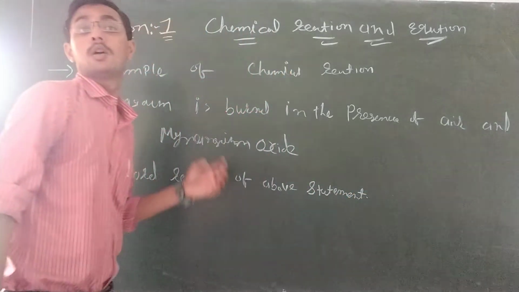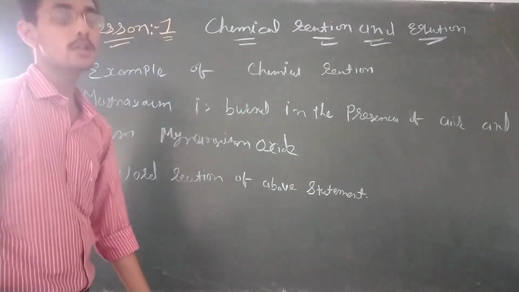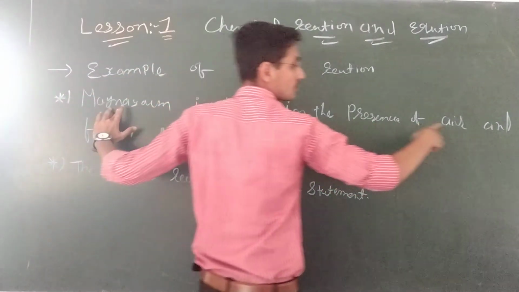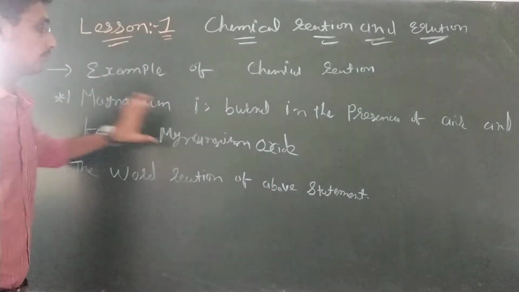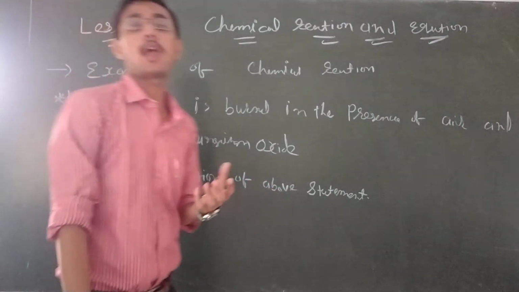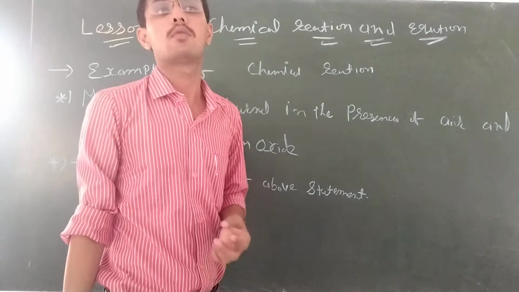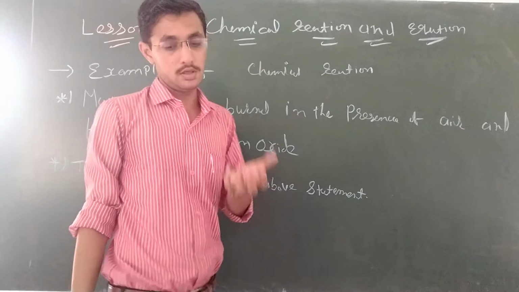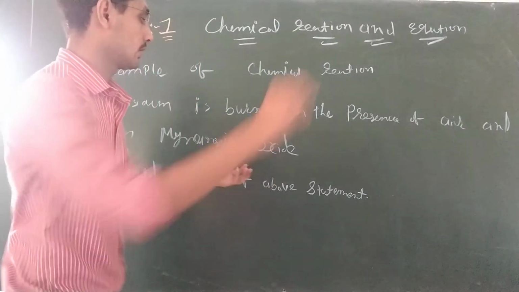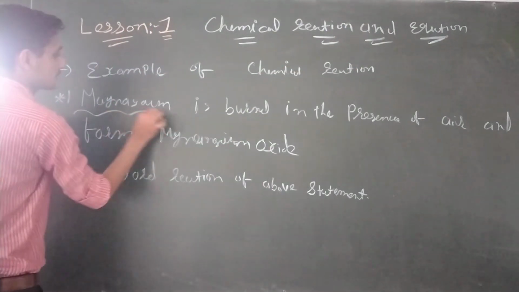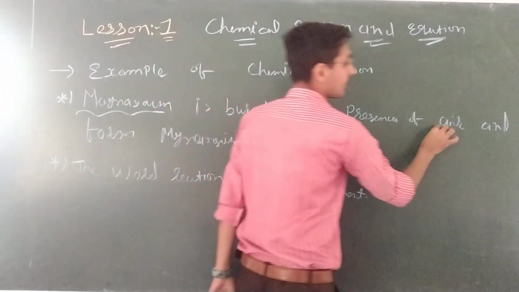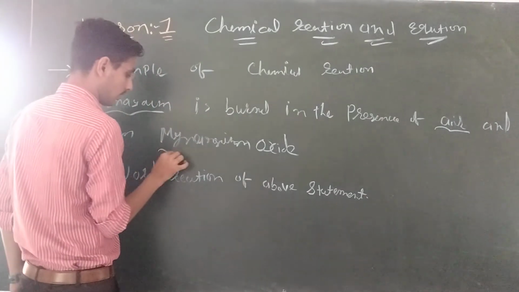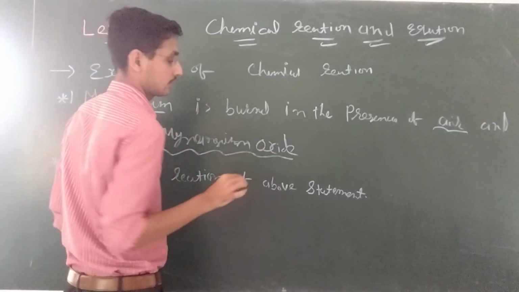Now the word equation of this reaction. We have to write a word equation of the above statement. Magnesium is burned in the presence of air and forms magnesium oxide. First we have to identify what the reactants are in this statement and what the product of the reaction is. Here magnesium and air are reactants, but magnesium oxide is the product.